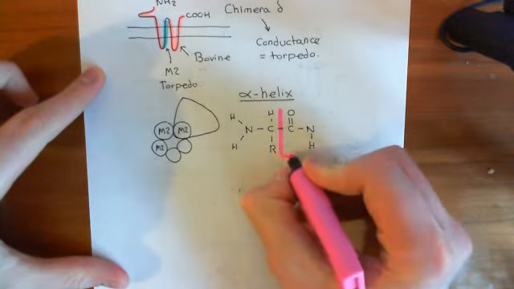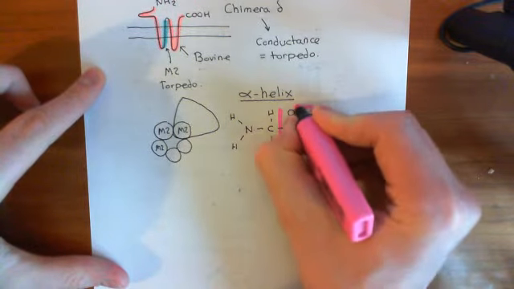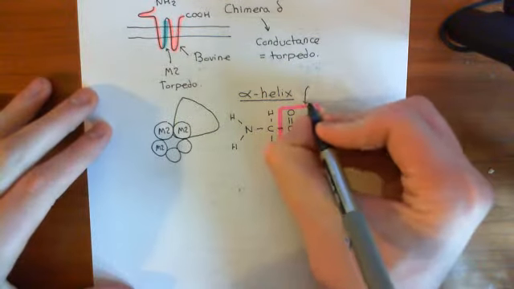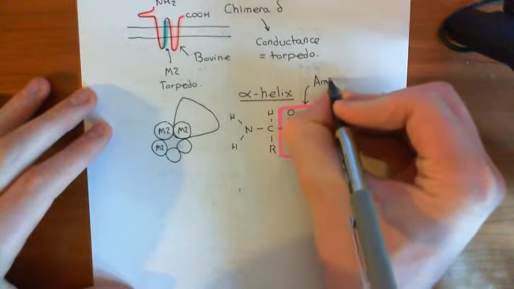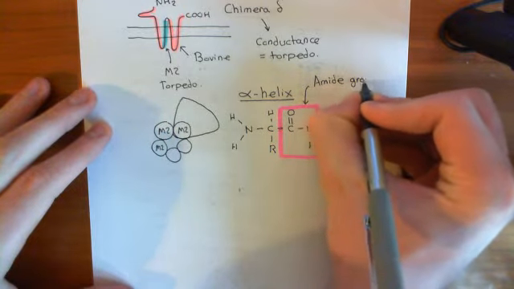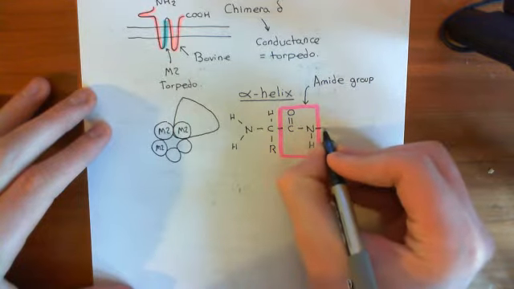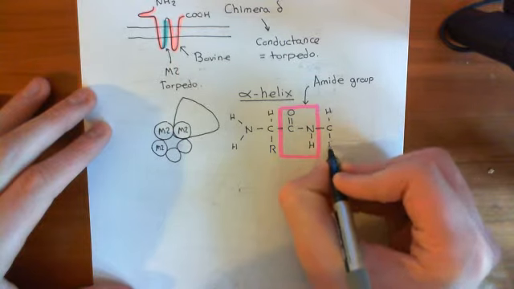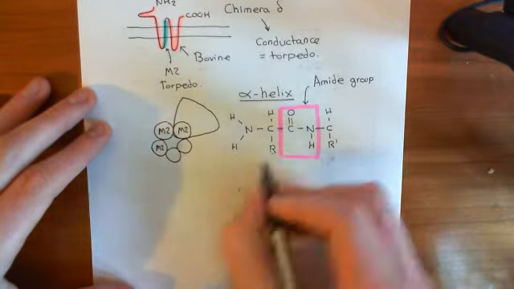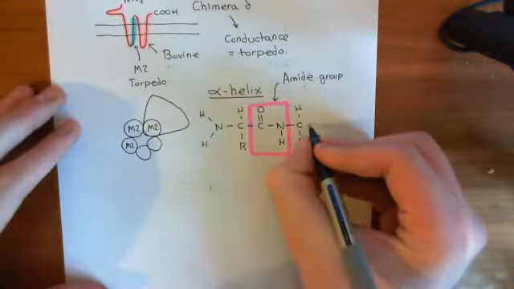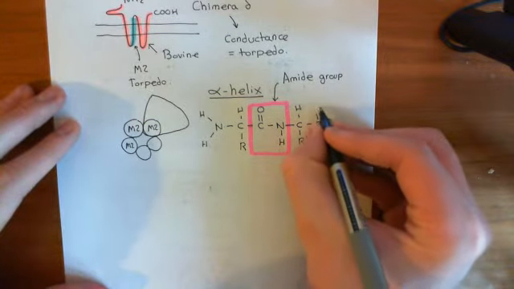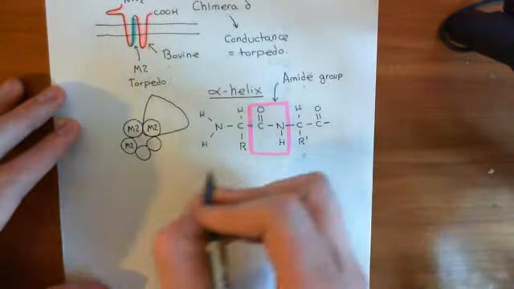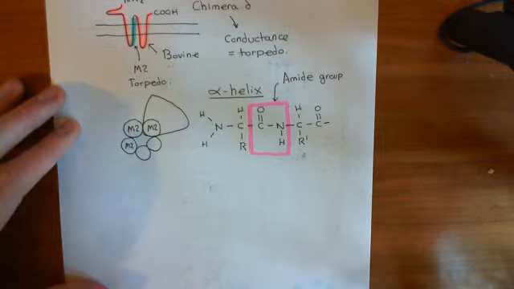So let me circle this, because this is what is solely responsible for the secondary structure. So this is what's known as an amide group. And then the next amino acid along is going to come along. So here's our hydrogen, here's our R group, and this could be a very different R group from this one, so I'll put R prime there. And then you'll have this amino acid's carboxylic acid group, and it will be bound again, and this process continues on. So this is the primary structure of the polypeptide.